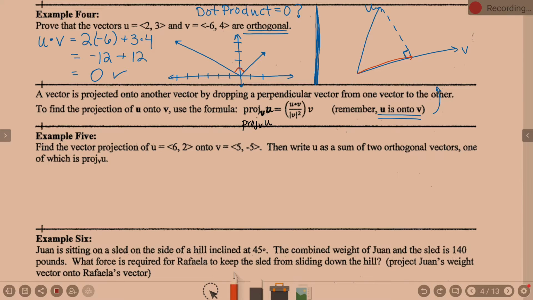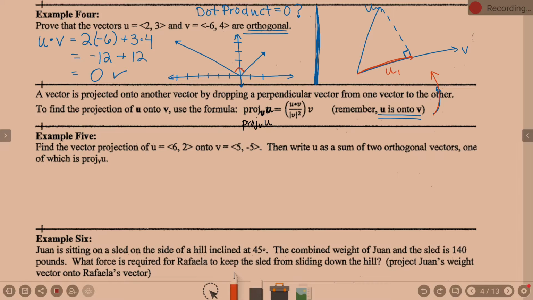Okay, that projected vector is U dropping on to V. And this is often referred to as U1, because it's kind of like a copy of U. A copy of vector U, that is. Okay, so that's the idea when we're talking about vector projection. That's the physical picture of what we're going to be doing here in example 5.